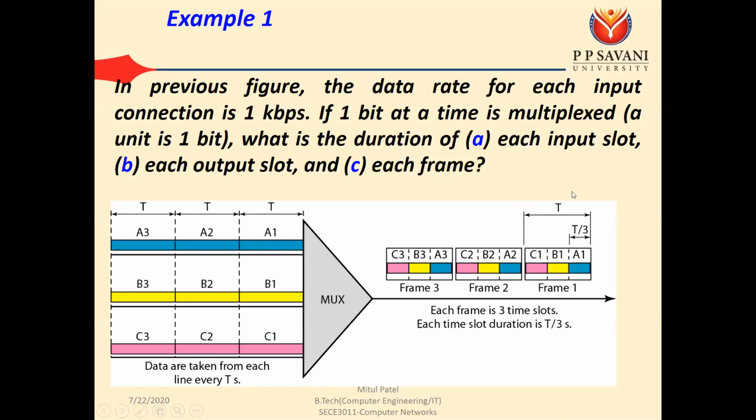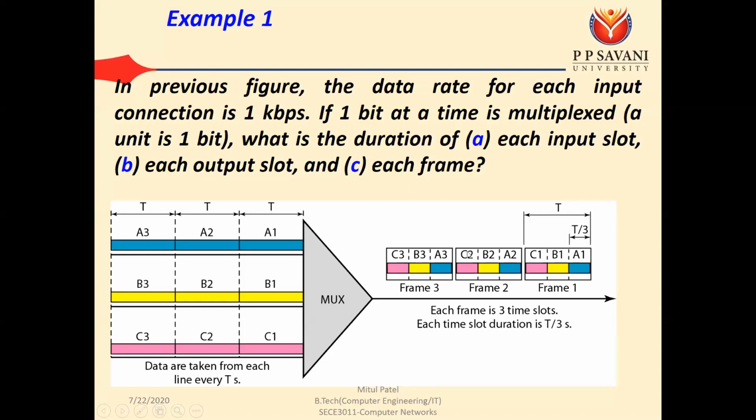The total duration of the frame is 1 millisecond. Similarly A2, B2, C2 are 1 by 3 each, totaling 1 millisecond. So the total input time slot is divided into 3 different time slots, each of 1 by 3. The answer of the second question, the duration of each output slot, is 1 by 3 millisecond.